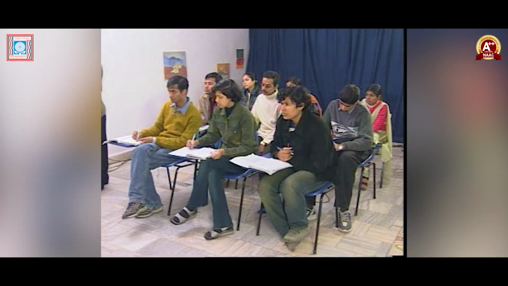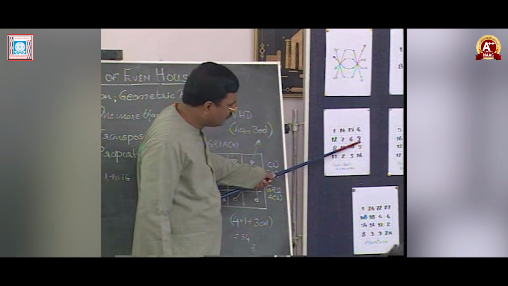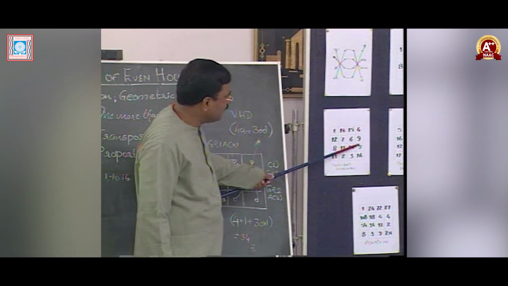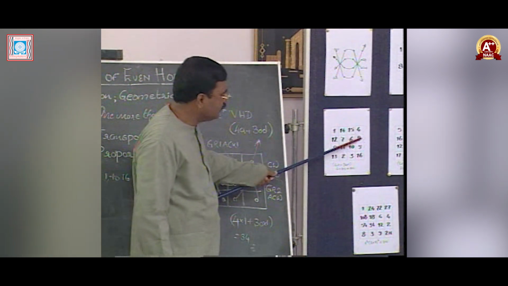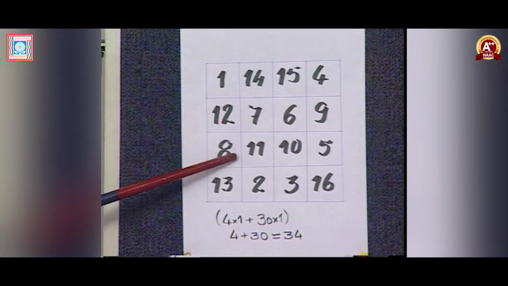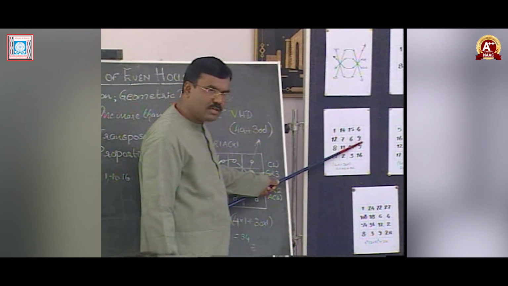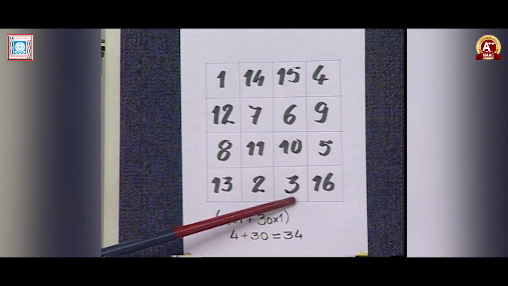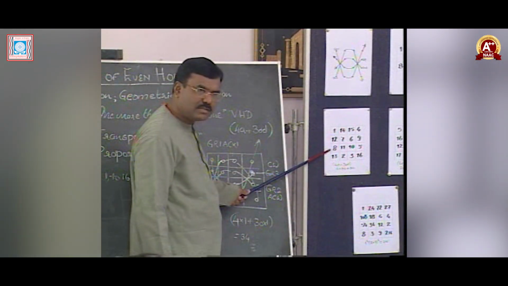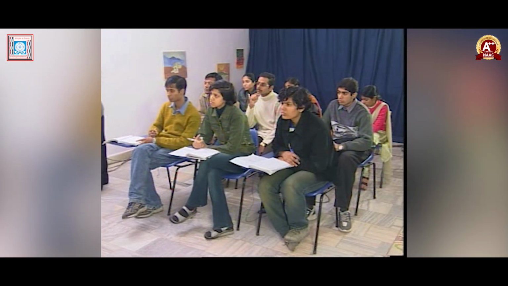And the second and third row, and the first and last column, these total the same. And the first row second column, second row last column, fourth row third column, third row first column, its total also becomes the same.